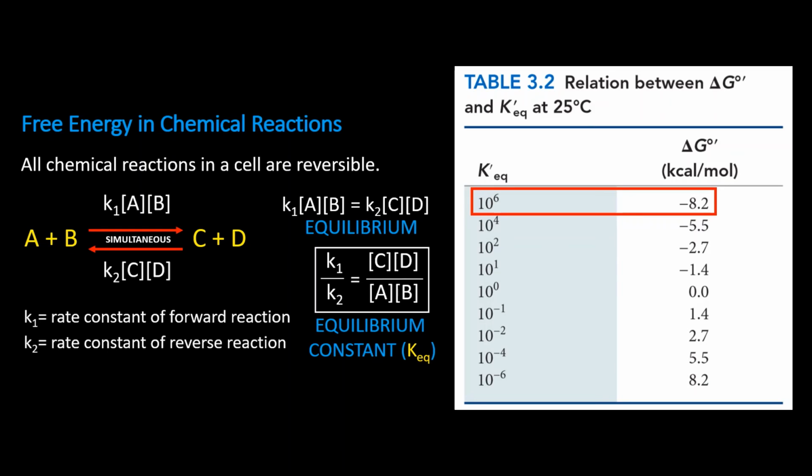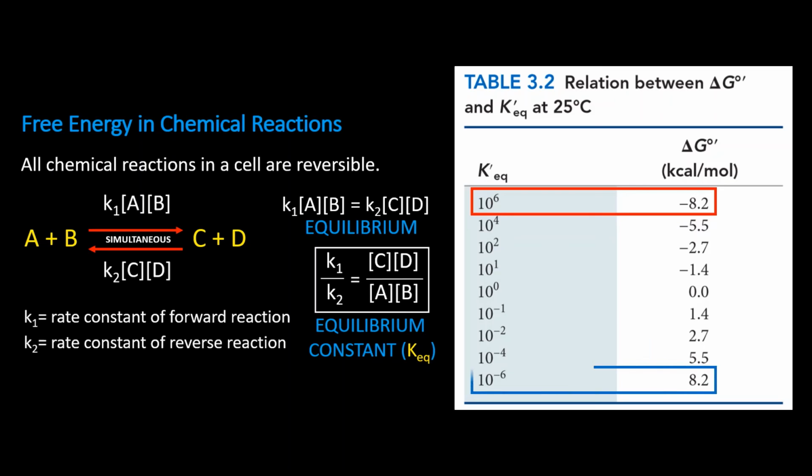Meaning to say, the equilibrium of this reaction with delta G negative 8.2 is only possible when the concentration of the products is way above that of the concentration of the reactants, 10 to the power of 6. Meaning to say, the reaction will always tend to move, in this case, to the right or towards the products. Now, isn't that what a spontaneous reaction is? It just moves forward towards the product.